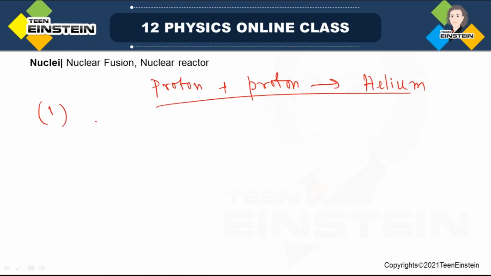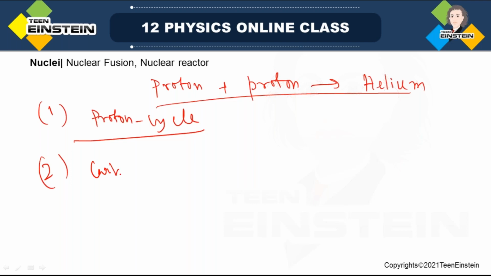One cycle is called proton-proton cycle, and the second one is called carbon nitrogen cycle.